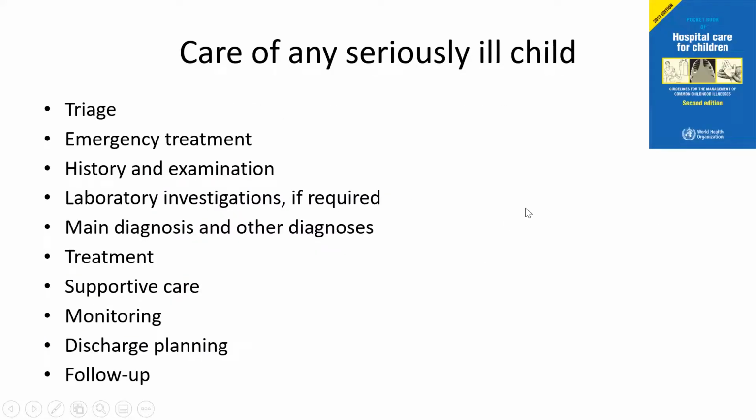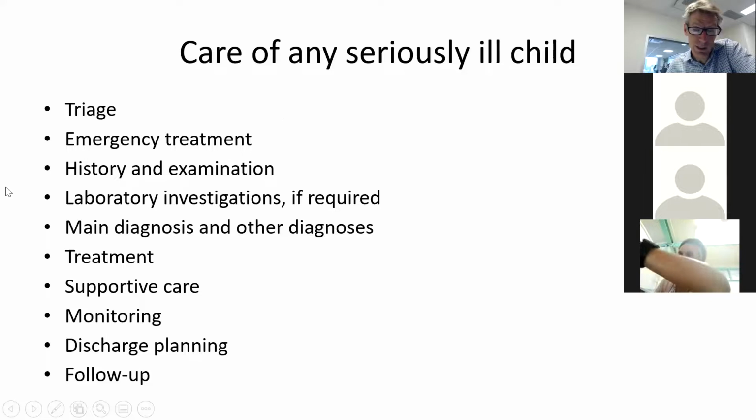All right. So I go back to the care of any seriously ill child. And remember that children with meningitis or encephalitis are seriously ill. And we should follow these stages in the management of every sick child. So triage, emergency treatment, history and examination, laboratory investigations if needed, coming up with a main diagnosis, but also being open to other diagnoses.